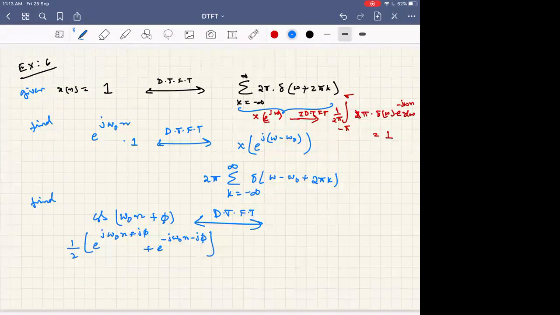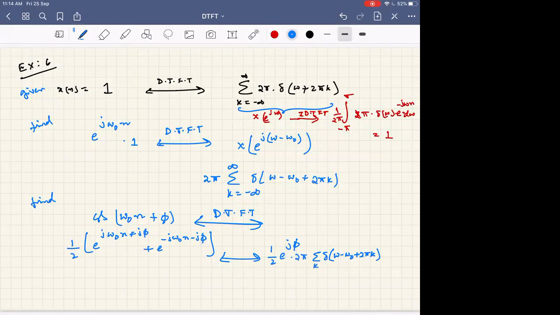Then I can simply use the same principle, right? Similar principle for the discrete time Fourier transform. Can you quickly tell? So 1 by 2 e power j phi I will bring out, and then summation over 2 pi delta of omega minus omega naught plus 2 pi k, over k.